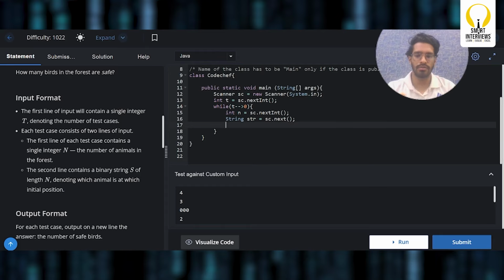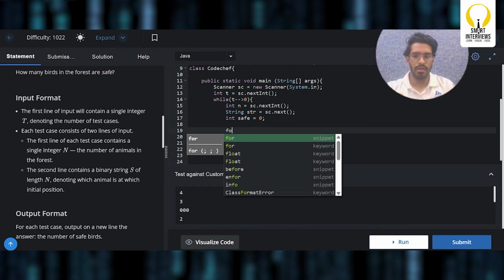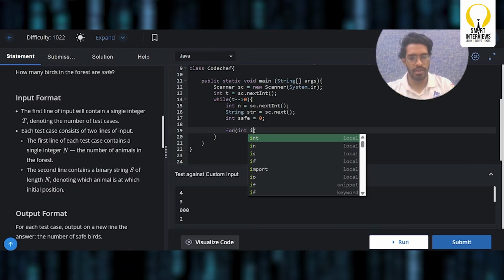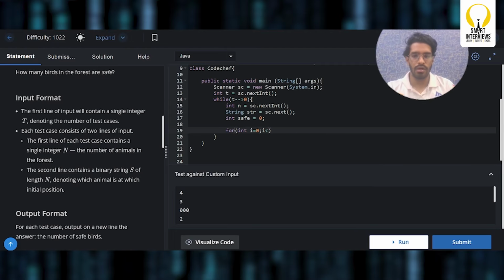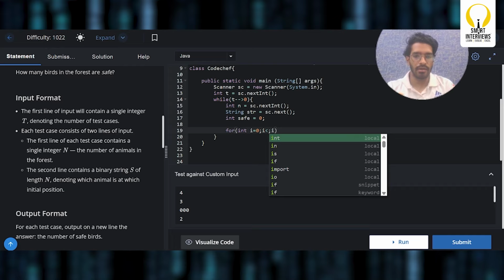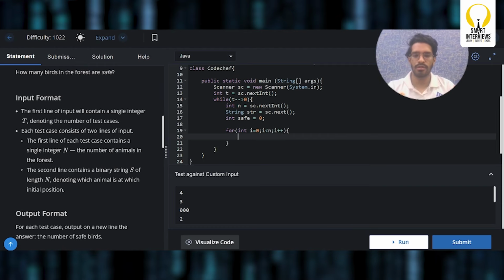So initially what we can do is we can initialize a count which stores the number of safe birds as 0. Then later run a for loop starting from i equals 0 to i less than n, and i plus plus. So now what do I need to do according to our solution? I need to count the safe birds until I come across a wolf.